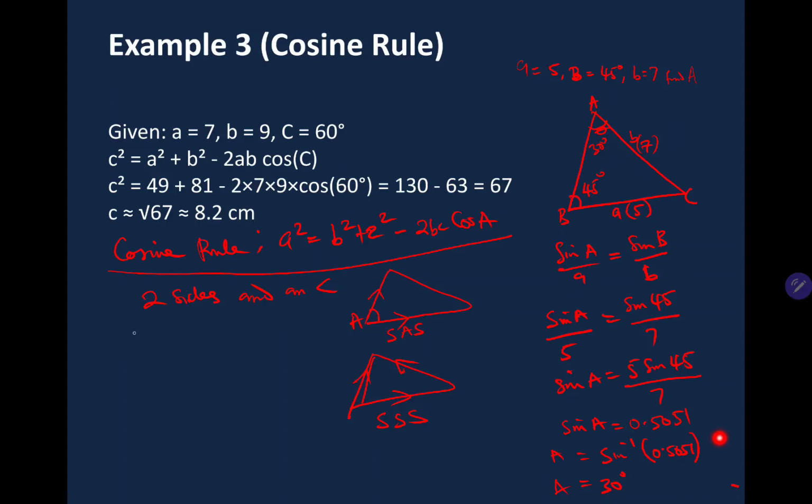So if you're looking for the angle now, the formula is a squared equals b squared plus c squared minus 2bc cos A. If we're looking for the angle, which is cos A, you rearrange, and you will now have cos A is equal to b squared plus c squared minus a squared, all over 2bc.